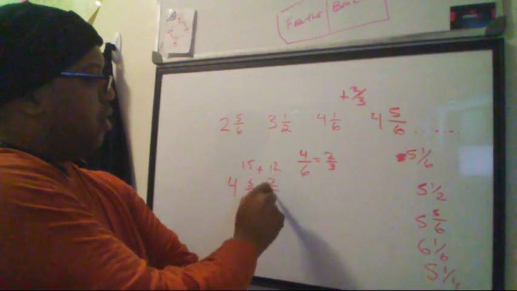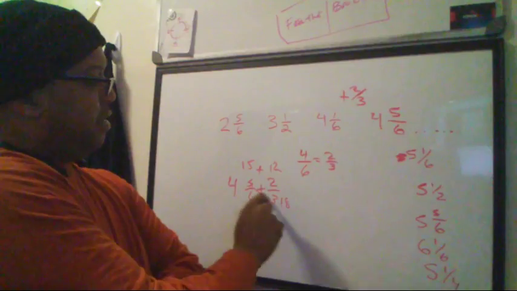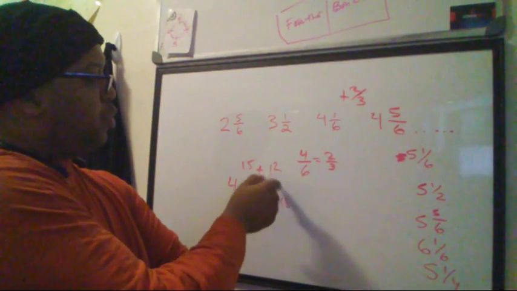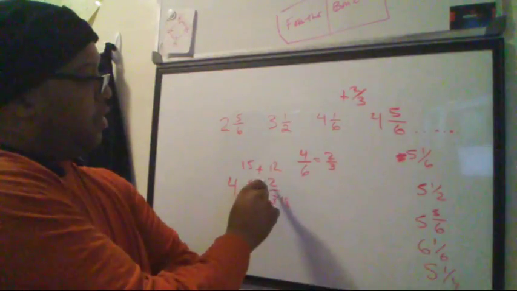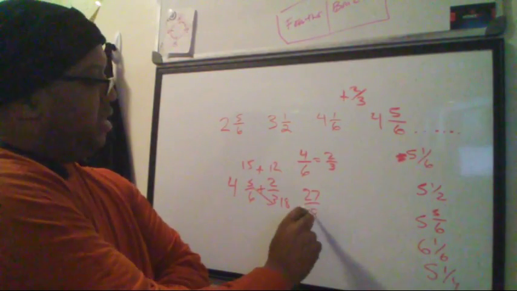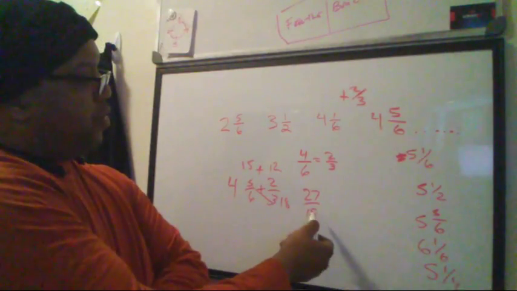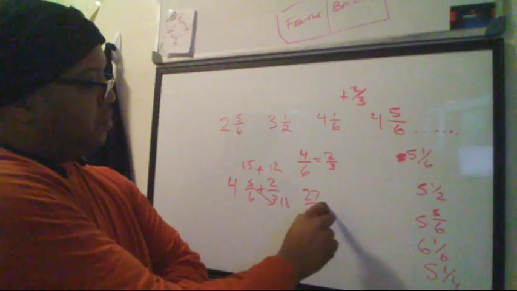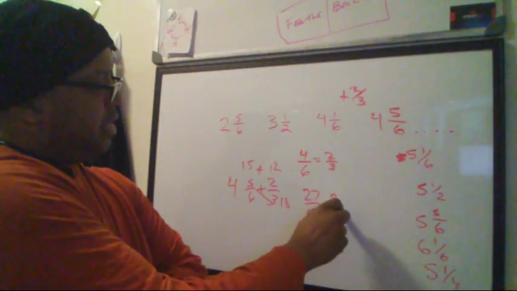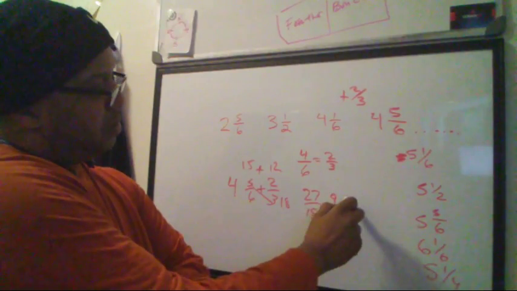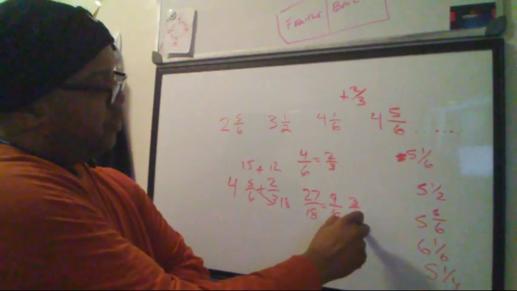And if we added it, 15, 12, 18. So 5 times 3 is 15, 6 times 2 is 12, and that will give us 27 over 18. They are both divisible by 3. So we'll break this down to 9 over 6, 3 over 2.